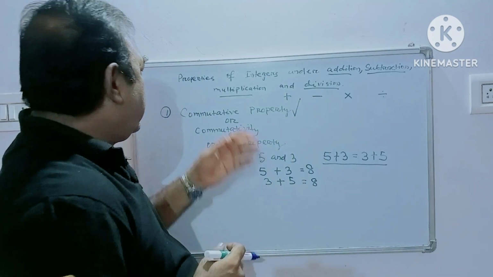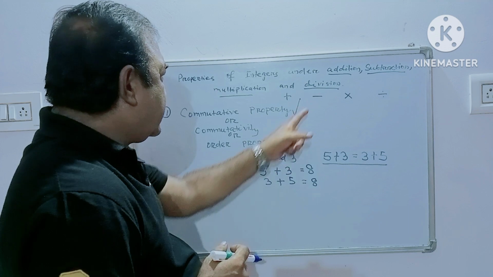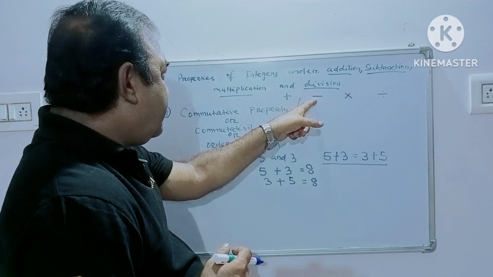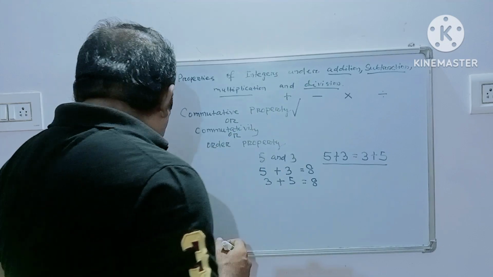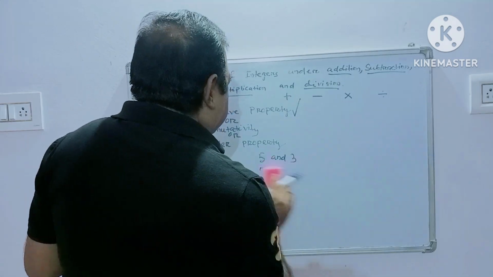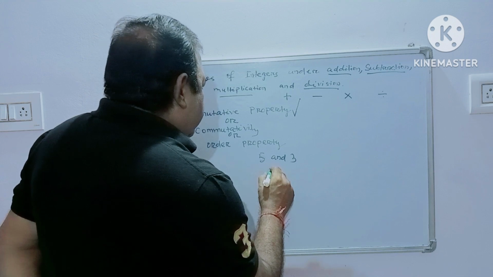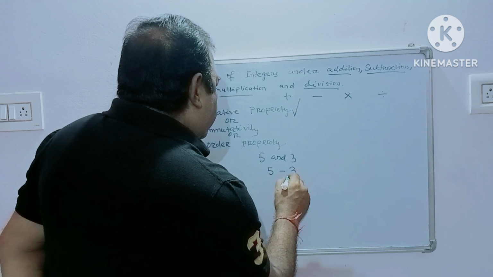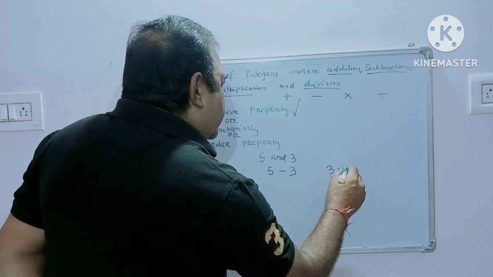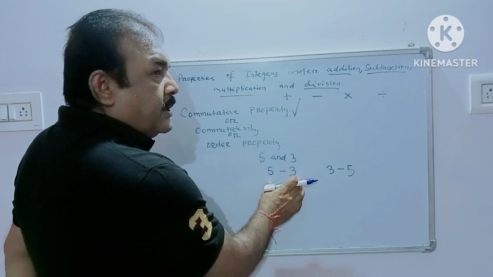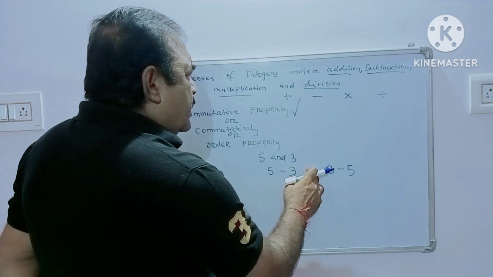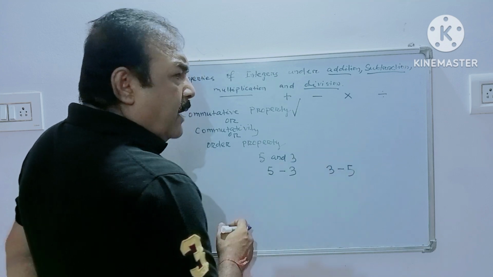Next, we will take two integers and we will test the basic operation subtraction. You take away 3 out of 5, 5 minus 3, and you take away 5 out of 3, that is 3 minus 5. Just I am changing the order of the integers. Whether 5 minus 3 is equal to 3 minus 5 or not, I have to see.